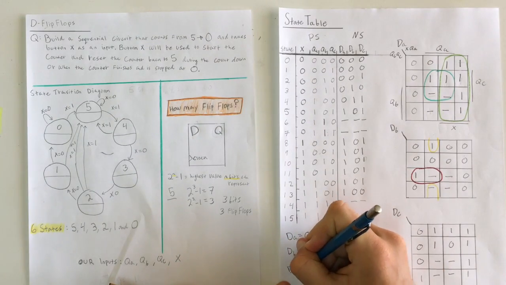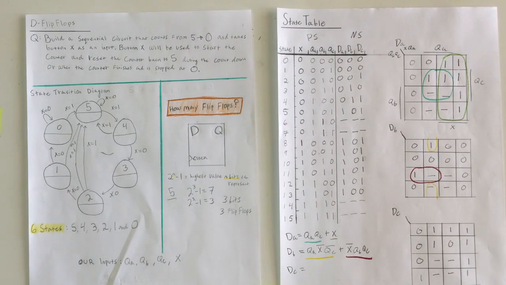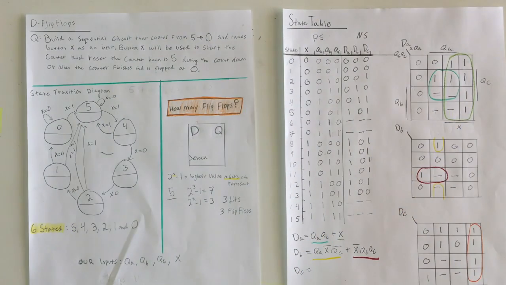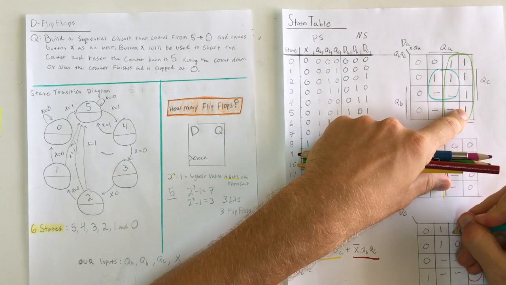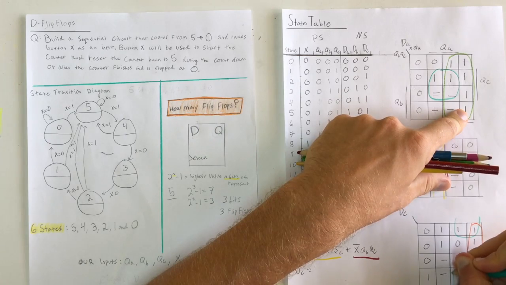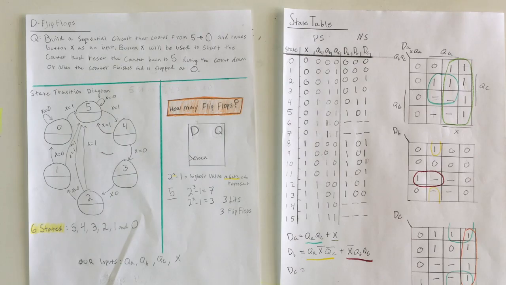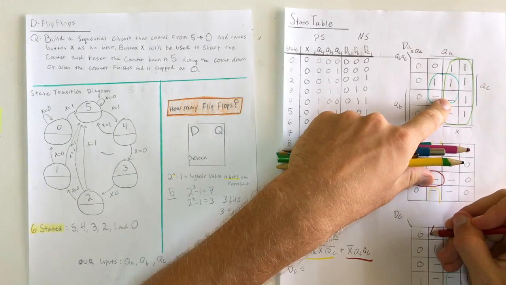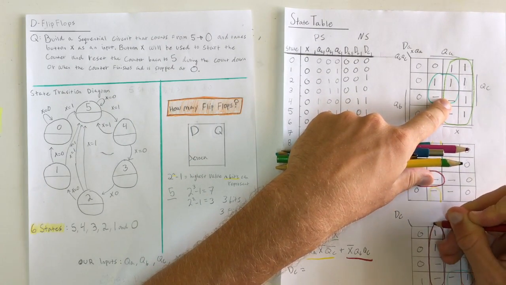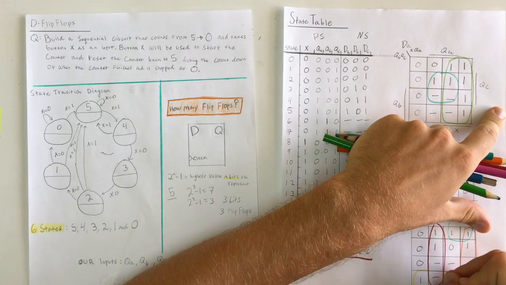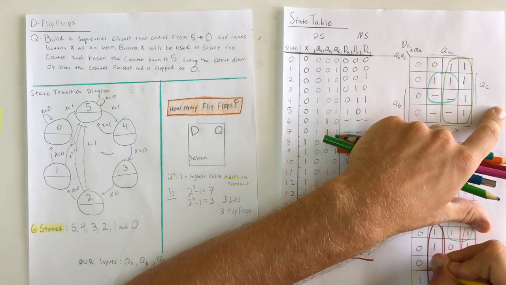Let's look at dC. dC is a bit more complicated. For dC, we have this prime implicant, this one, and we can build one more to have our cover for dC.